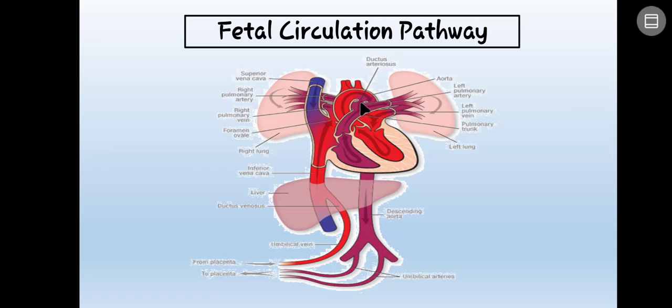Because there is another structure over here we call the ductus arteriosus in the fetal circulation, which helps the blood that has perchance entered the pulmonary artery to move straight into the aorta. And we don't have that structure in the adult or normal circulation. That should tell you that no matter the situation, we are bypassing the pulmonary circulation.